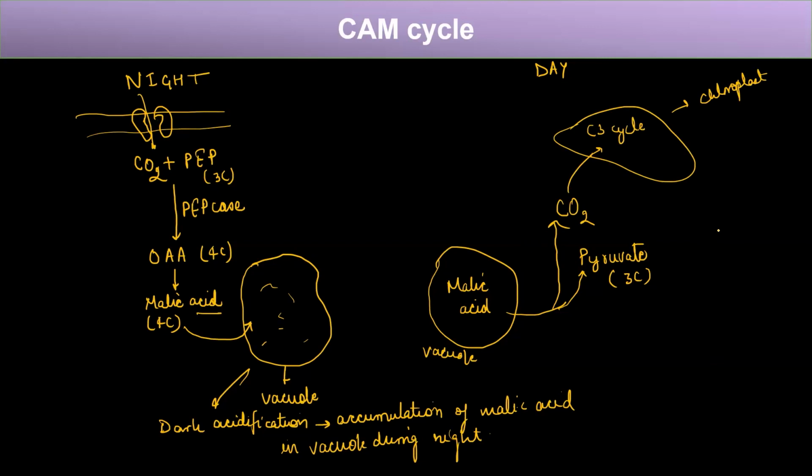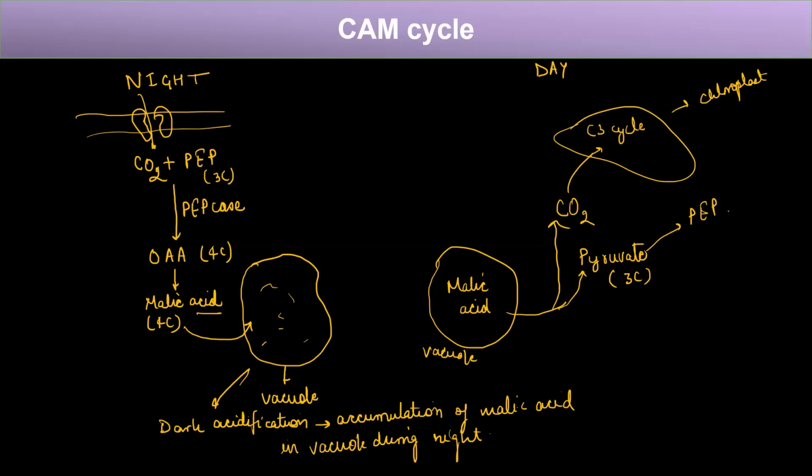And what happens to the pyruvate? This pyruvate gets converted into PEP. It again gets converted into PEP, and then the PEP is used for the next cycle. So this is what happens in the CAM cycle. If you look at the steps that happen in the C4 cycle and in the CAM cycle, the steps are same.